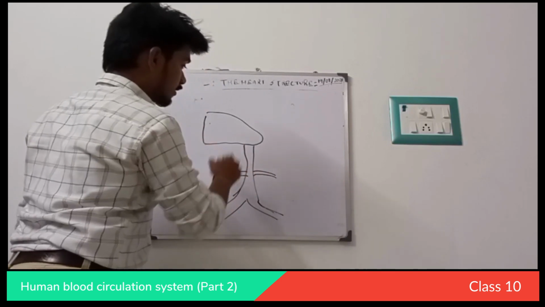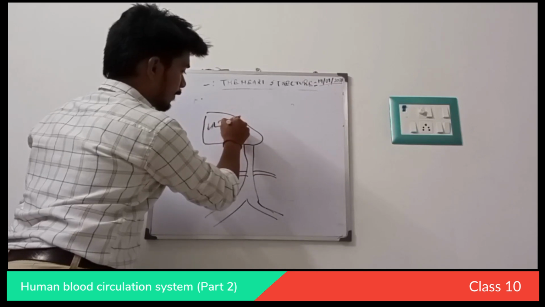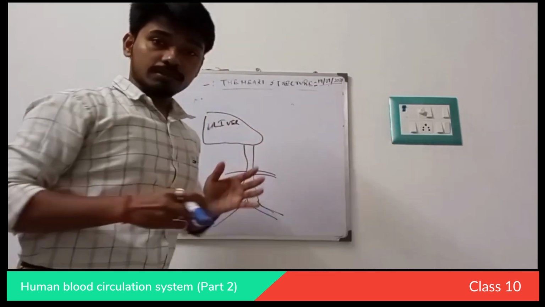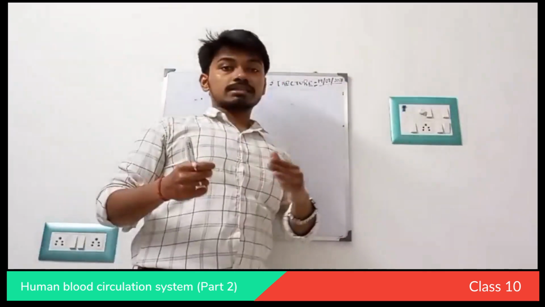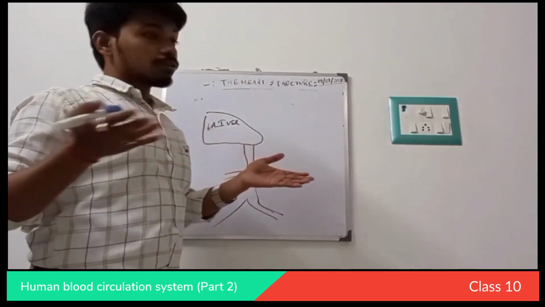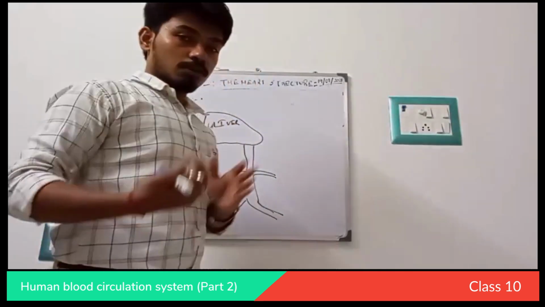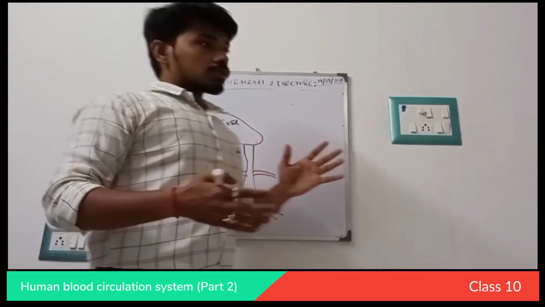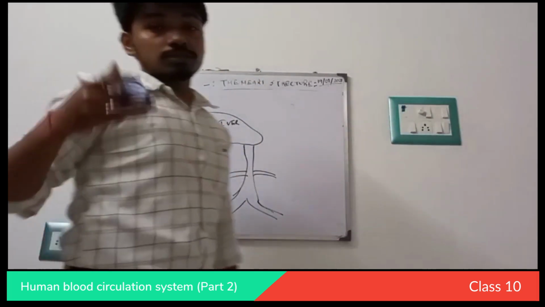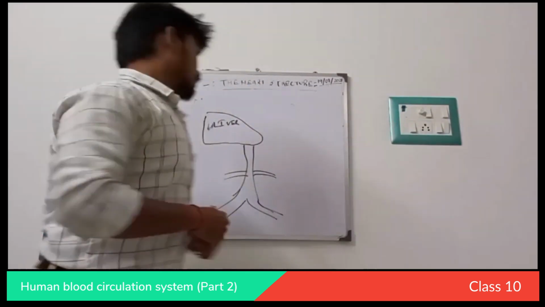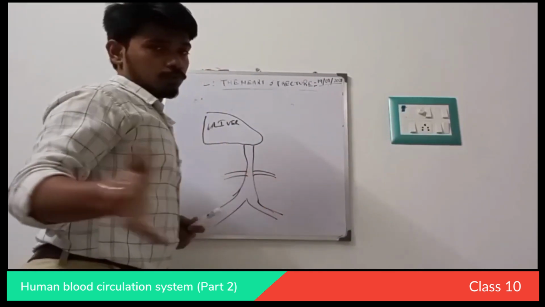Anatomically, it lies in the right hypochondrial region at the level of the right lung base, around the 5th or 6th intercostal region, down to the lower border of the 11th and 12th ribs, which are floating ribs.